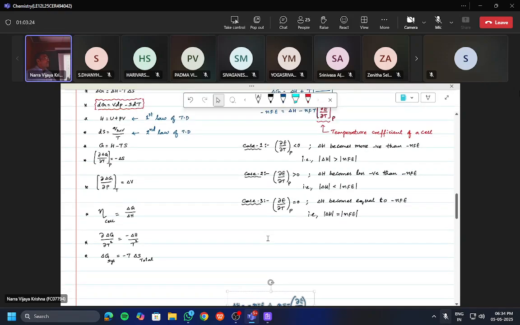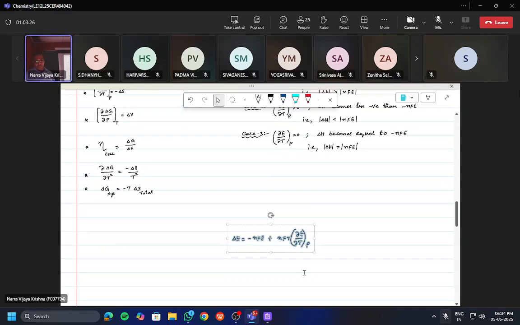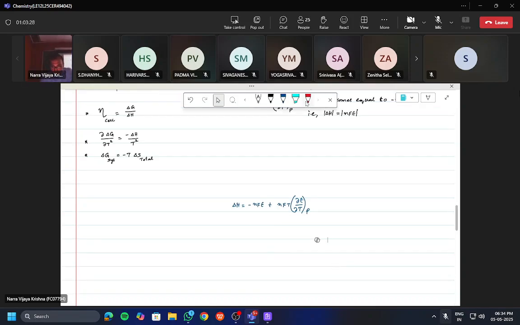Any questions in this? Now observe this equation. Bring this minus nFE term to that side. So what did you get? nFT ∂E/∂T at constant P equals delta H plus nFE. Correct?